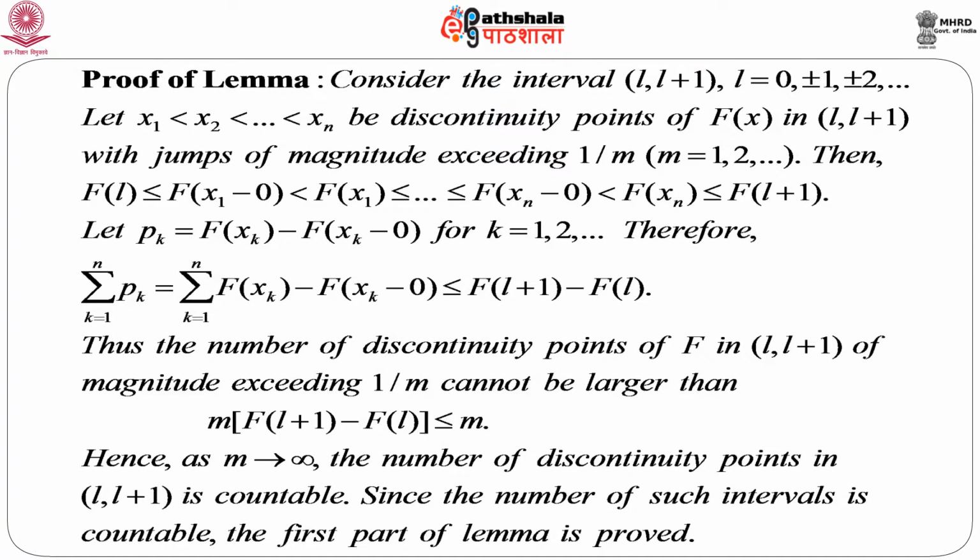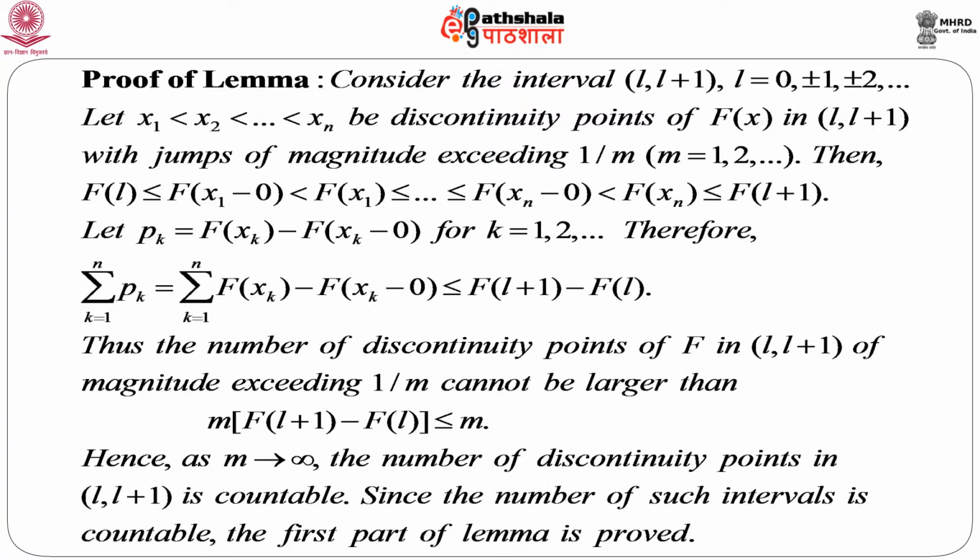Let us try to prove this lemma. At least I am just going to give you the outline of the proof. First, consider the interval (l, l+1], where l can take any integer value 0, plus minus 1, plus minus 2 and so on.